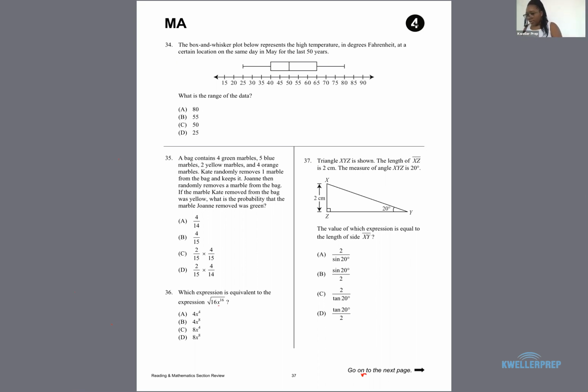Okay, so when you're looking at a box and whisker plot, the tail or the whisker at the high end, at the highest point, is known as the maximum of the data set. The whisker on the lowest end is known as the minimum of the data set.